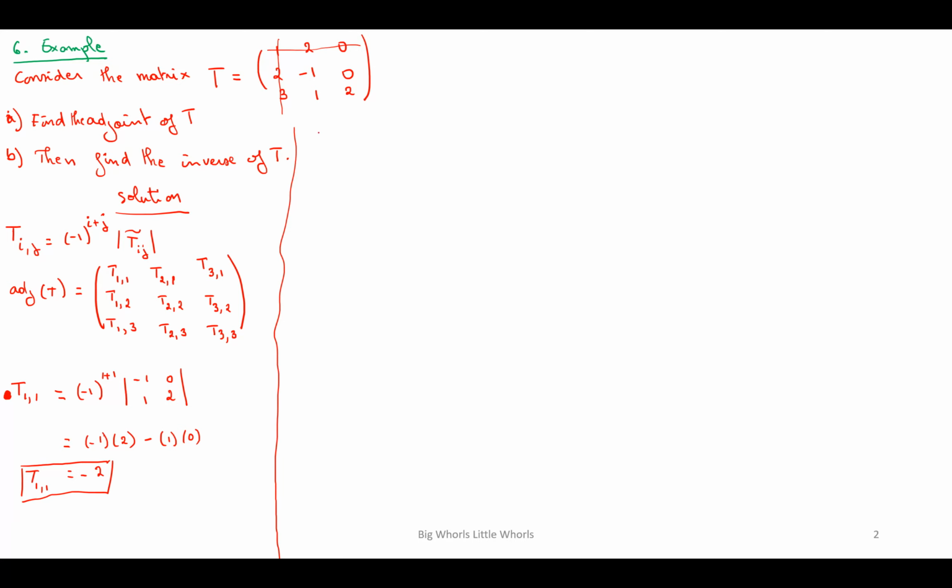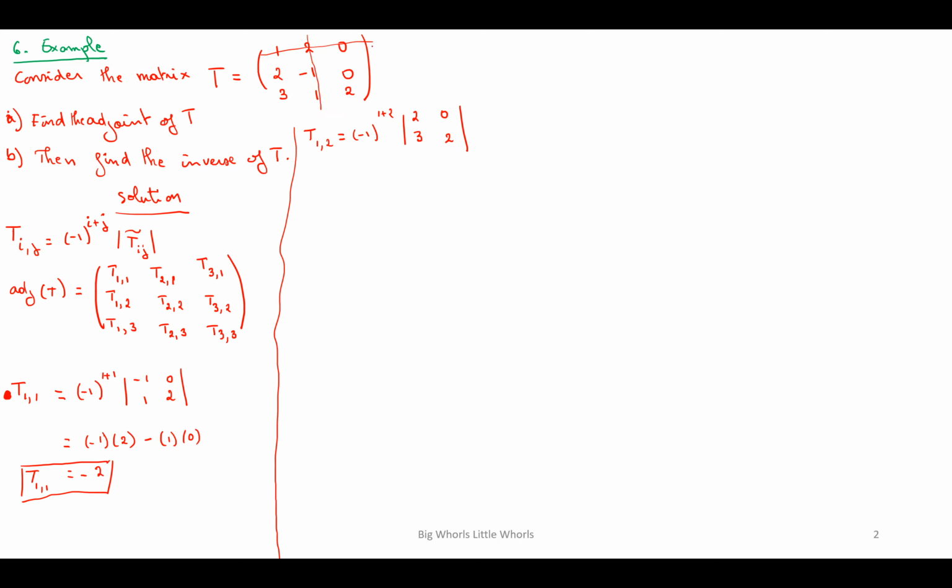So T12 is equal to minus 1 to the power of 1 plus 2 multiplied by the minor, the matrix we will get by deleting the first row and the second column. I will do it for the first few and then I will stop.